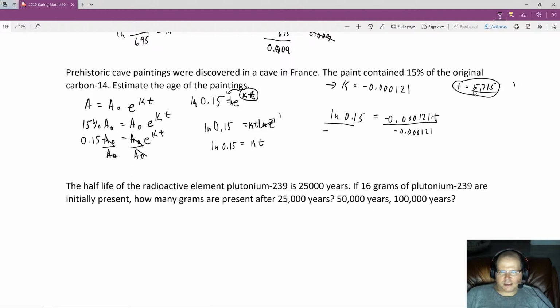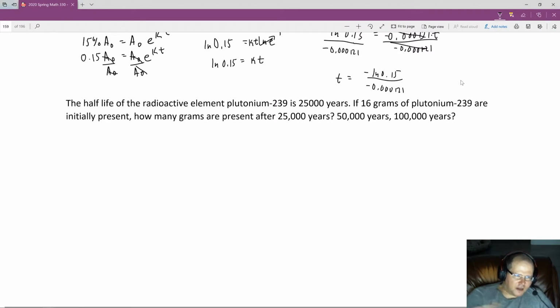And whatever I do to one side, I do to the other. And that means t is equal to the natural log of 0.15 over negative 0.000121.